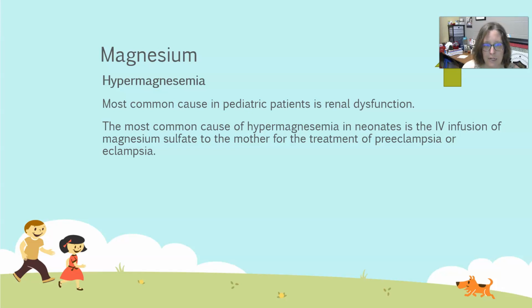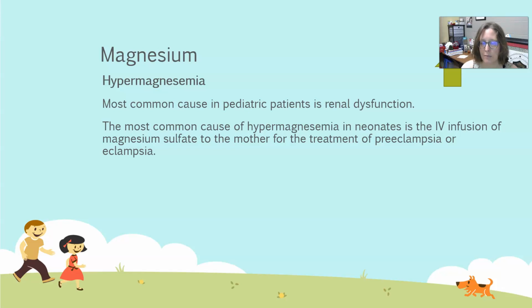And then high magnesium levels, the most common cause in pediatric patients is going to be renal dysfunction. The most common cause in neonates is going to be the IV infusion of magnesium sulfate to the mother for the treatment of preeclampsia or eclampsia, and that is done to slow down or stop labor.